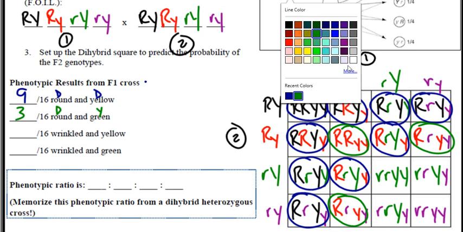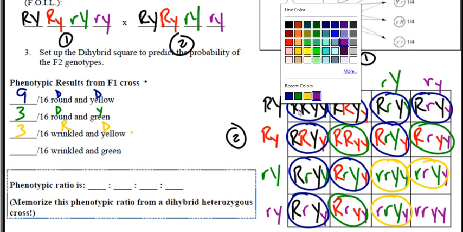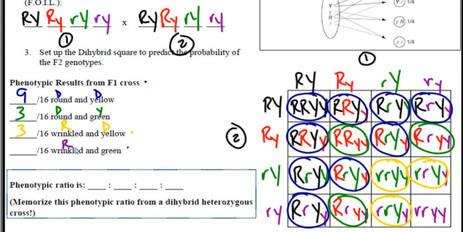All right, our next combination is going to be recessive dominant. 1, 2, 3. We got 3 there. And then finally, we have both of them are recessive, and there's only one possibility with that.